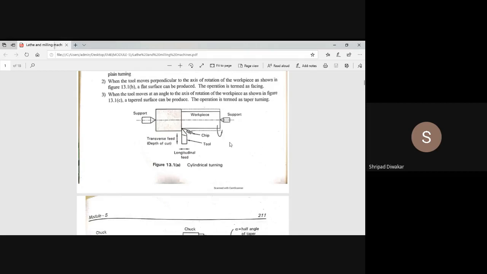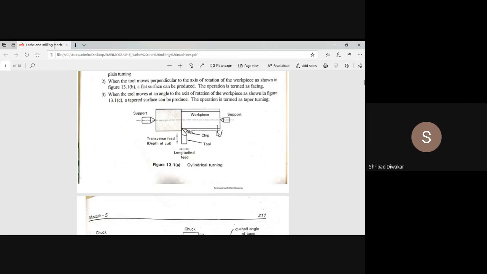In the case of cylindrical turning, the tool moves in a direction parallel to the axis of rotation of the workpiece. So here, as for the tool movement, you see the tool moves in a direction parallel to the axis of rotation. Here the tool moves and the workpiece rotates. As the tool moves, there is removal of the material diametrically.